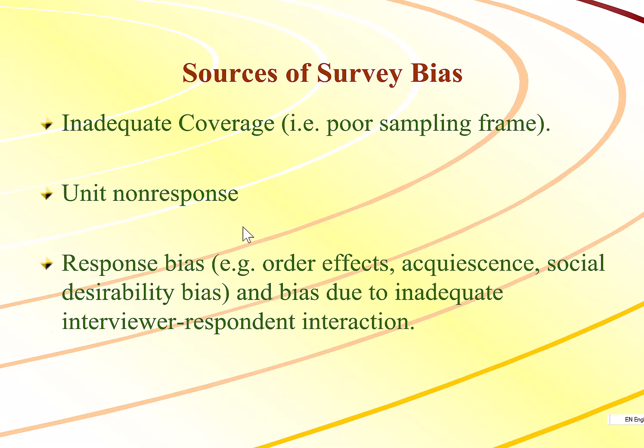Acquiescence would be the tendency of agreeing. Social desirability bias is the tendency to respond in a socially desirable direction, and that for the same population could always elicit this type of response. And it could also come, in interviewer-administered surveys, from inadequate interaction between respondent and interviewer.